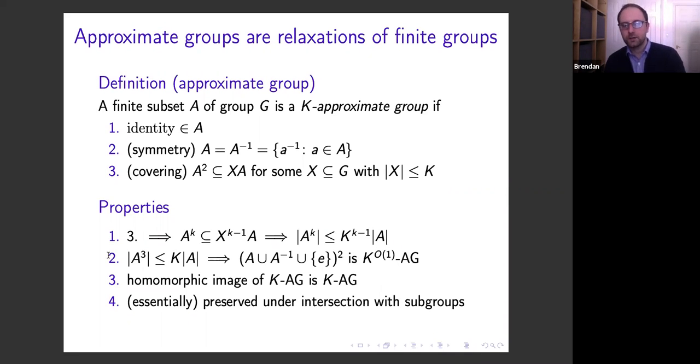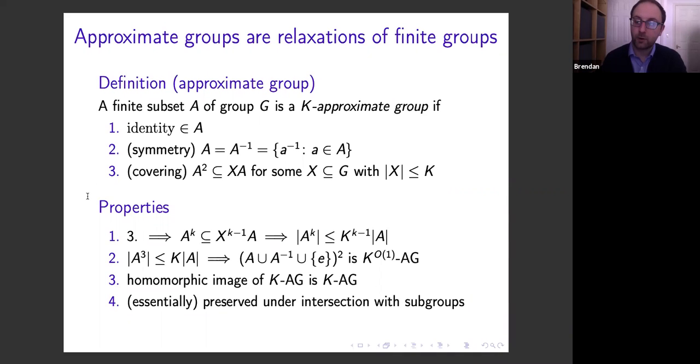So roughly equivalent to the property of being an approximate group is being a finite subset of a group that satisfies small tripling. And sometimes one property is easier to work with.